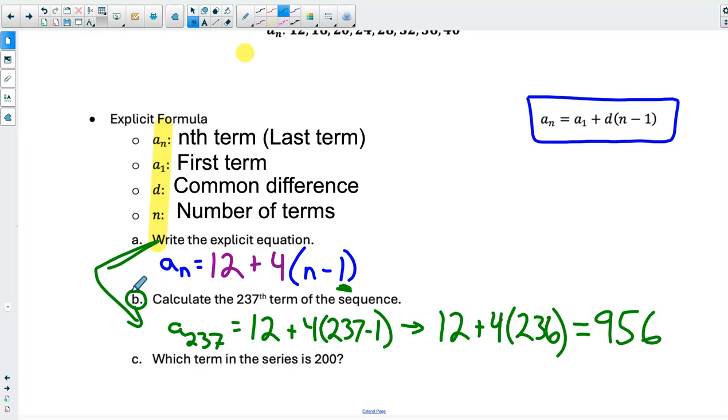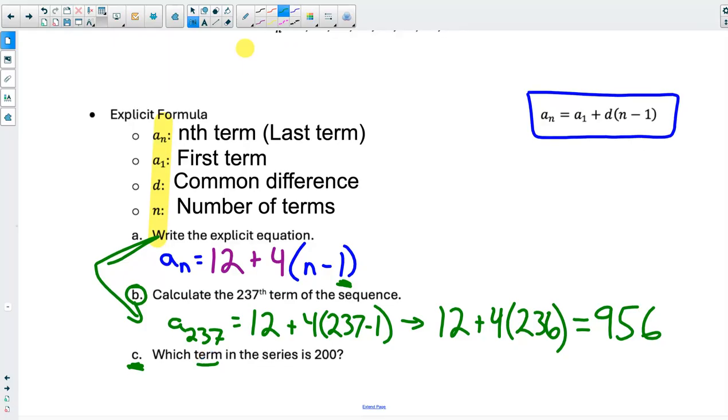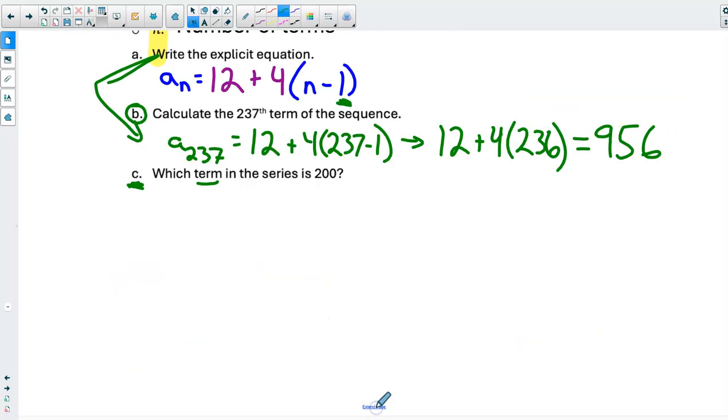Here, we're changing the premise of the question a little bit, but I'm still looking for something in my explicit formula. So now it says, which term in the series is 200? Well, which term would that be? I'm now looking for n. It is telling me that the last term that I'm looking at, a sub n, is 200.